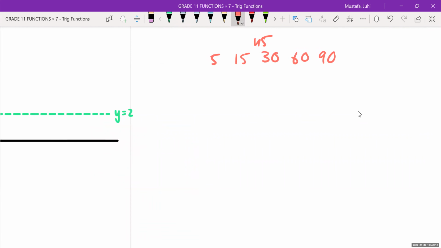For anything related to trig, we often have the special angles like 45, 30, and 60. Then 90 is a quadrantal, and then 5 and 15. Most of the questions you'll be doing will have a greatest common factor of one of these.